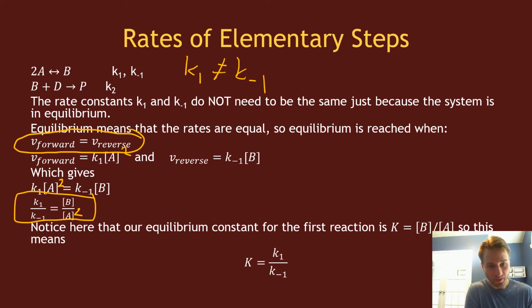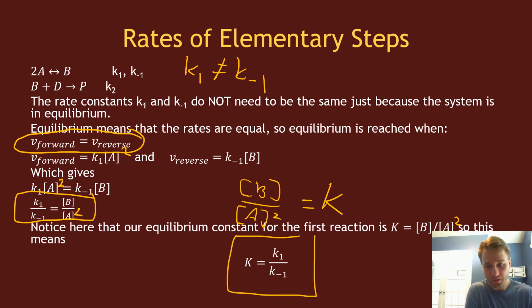If you look at that, the concentration of B over the concentration of A squared equals your equilibrium constant, capital K. What that means is that K1 does not equal K minus 1, but the ratio of K1 over K minus 1 equals your equilibrium constant K. So the ratio of those rate constants is related to the equilibrium constant itself, but they are not equal to each other even when equilibrium is established.